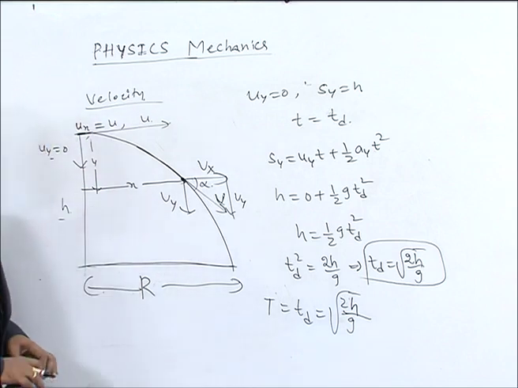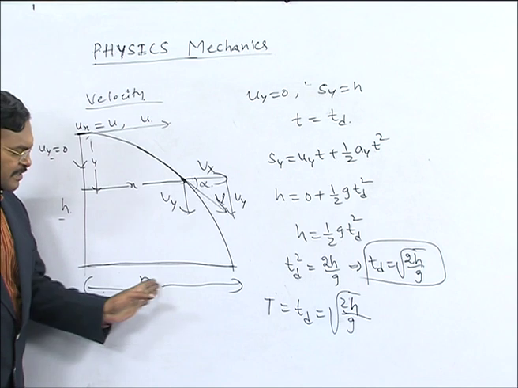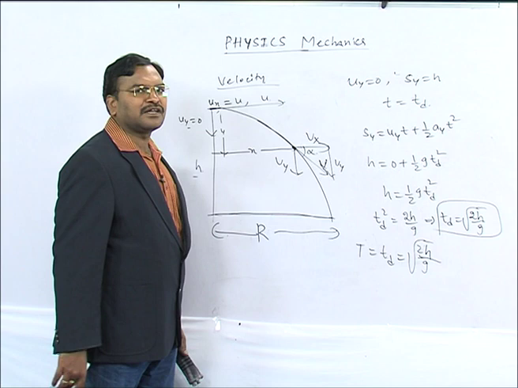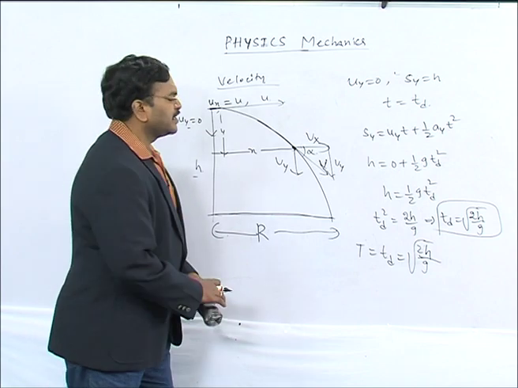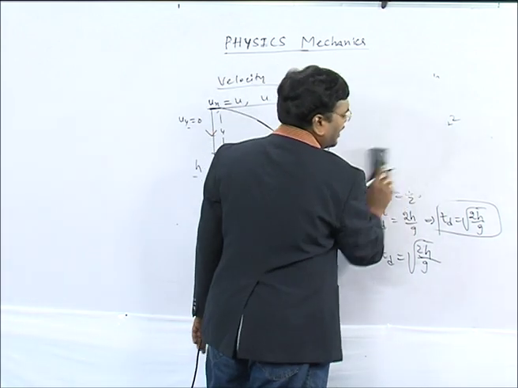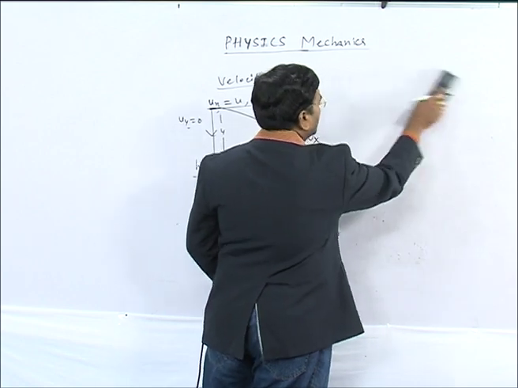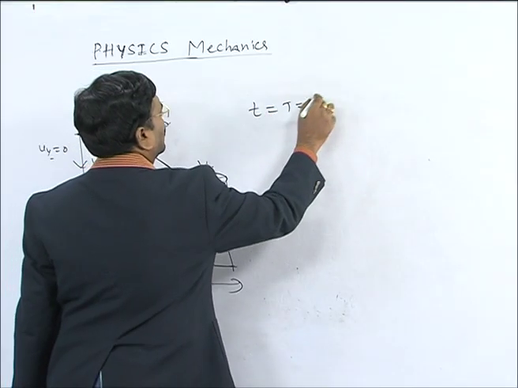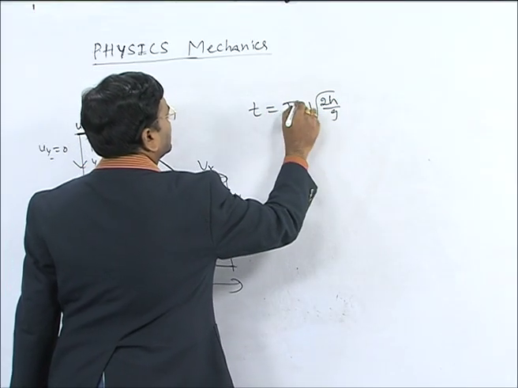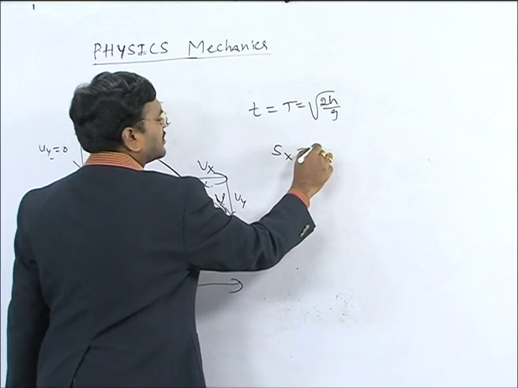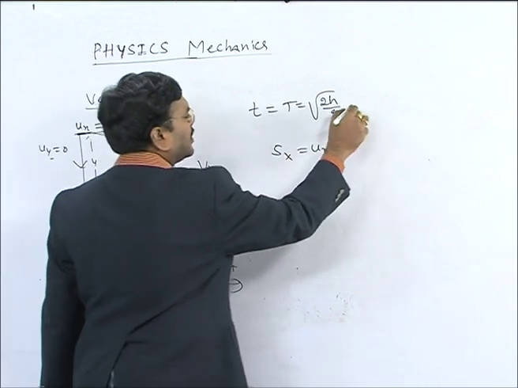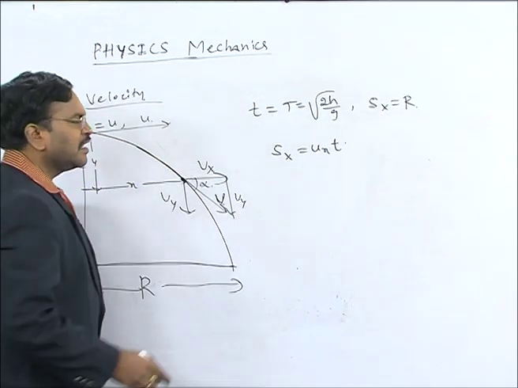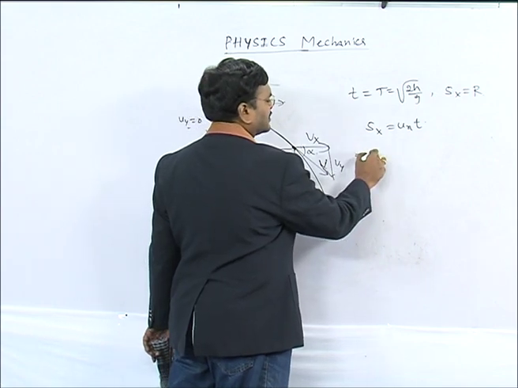Here already explained horizontal displacement of a projectile: Sx is equal to Ux into T. Here T is the time of flight, which is root of 2h by G. From this, Sx is equal to Ux into T, and Sx becomes R. Sx is equal to R.